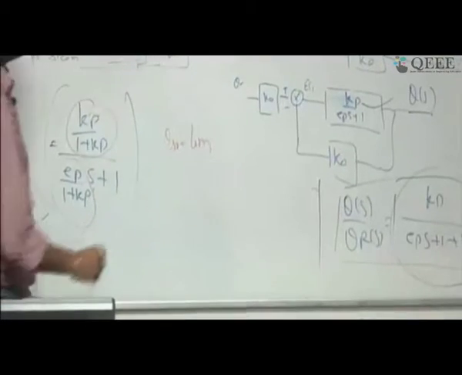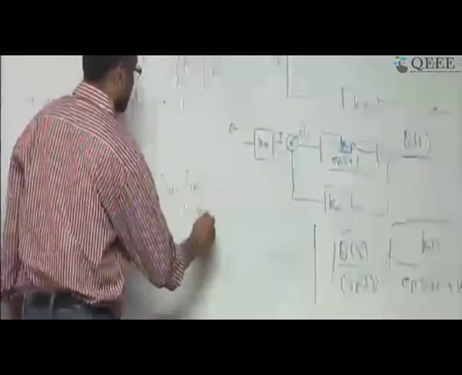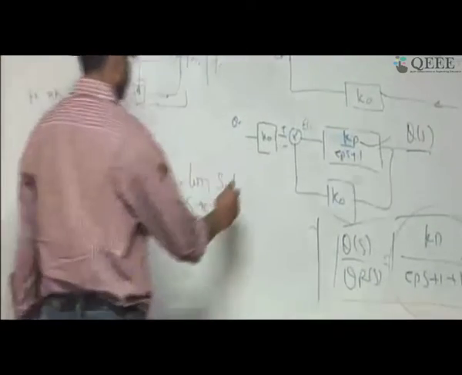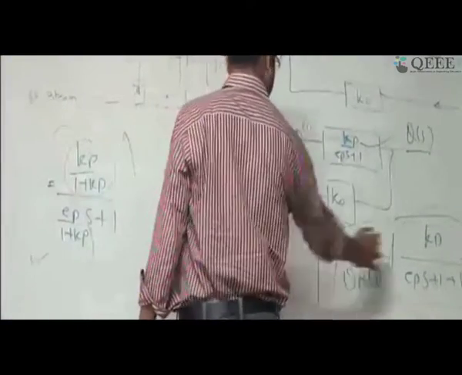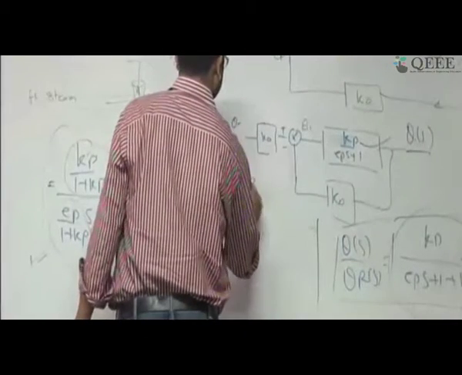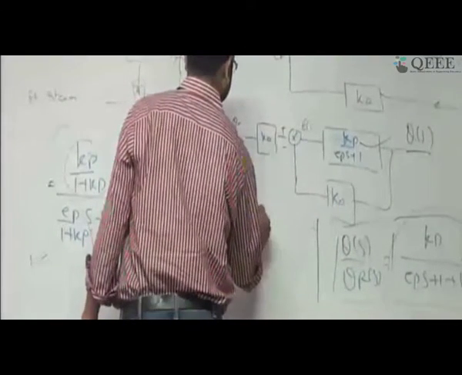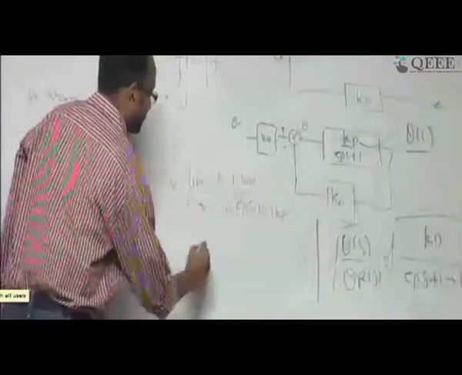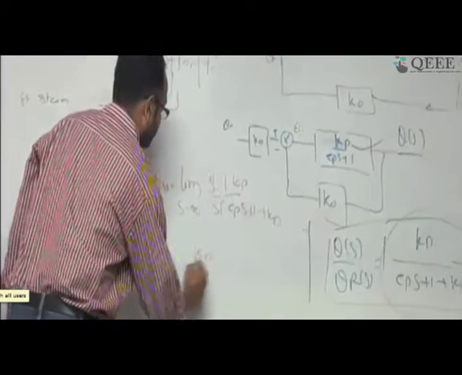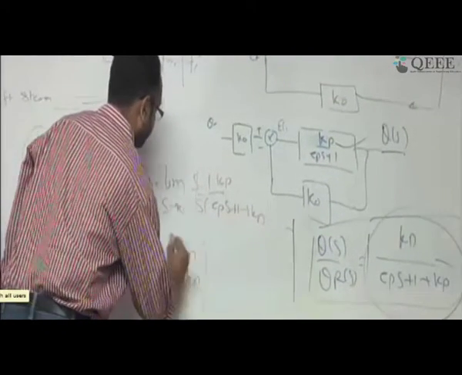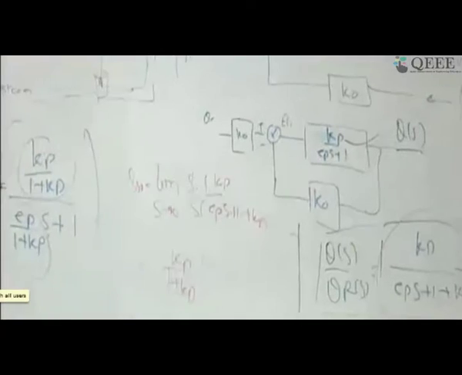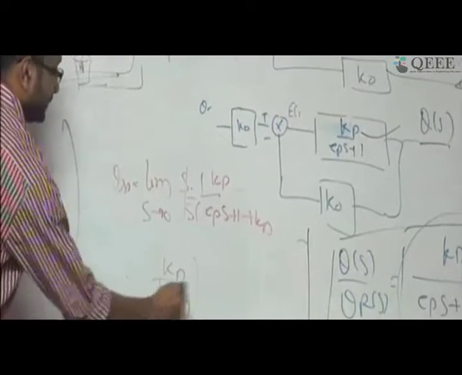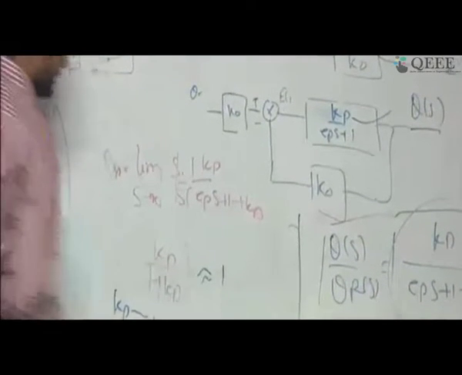For a unit step input, you can find it out as s tends to 0 of s times 1 by s times this term, Kp divided by tau p s plus 1 plus Kp. As s tends to 0, this will get cancelled out and this will become Kp divided by 1 plus Kp. So what we can infer from that is, as Kp tends to be very high, this quantity is going to reach close to 1.